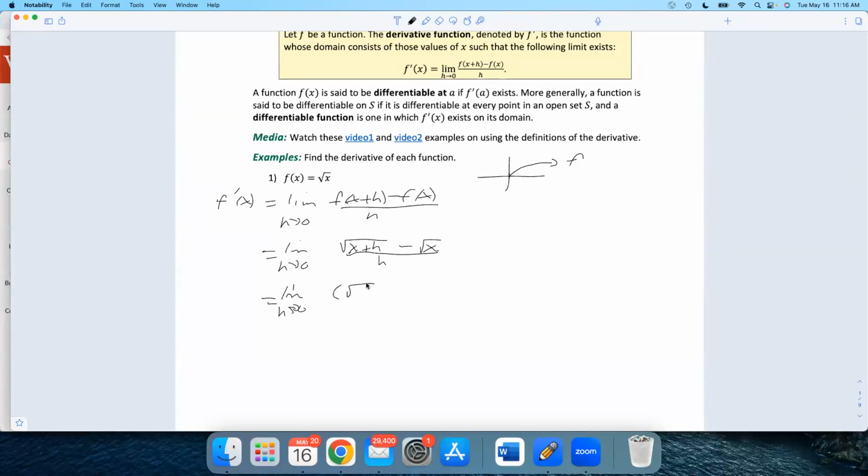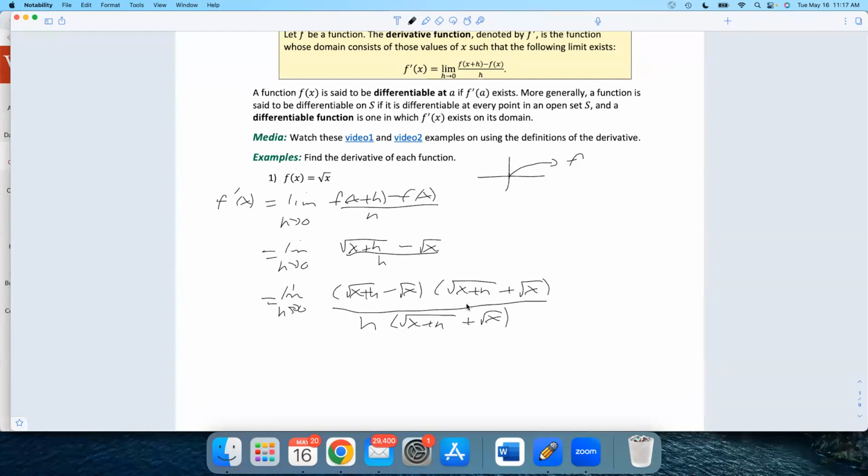So I'm going to multiply top and bottom by the conjugate of this, meaning leave the first guy alone, change the sign of the second one to plus root x. And I have to do that top and bottom, otherwise I'm changing the problem. I'm really just multiplying by 1.